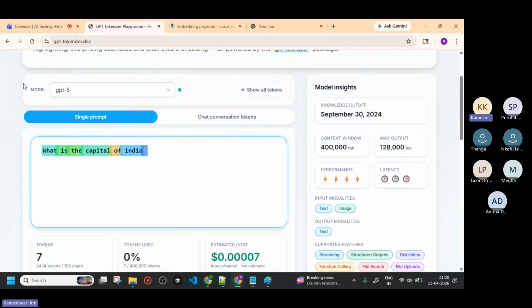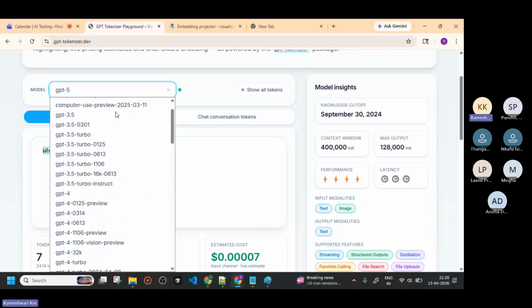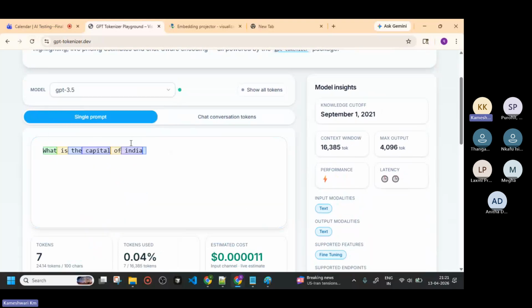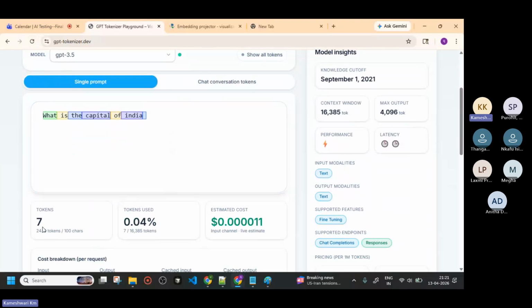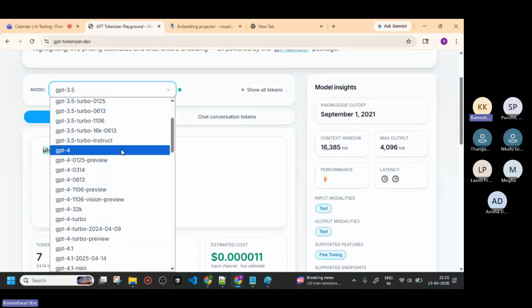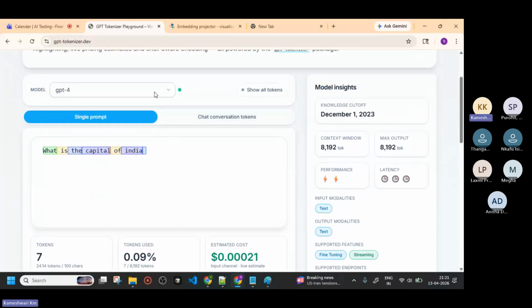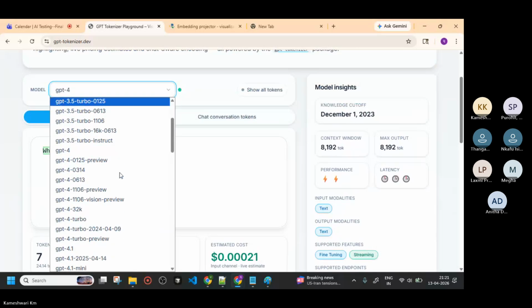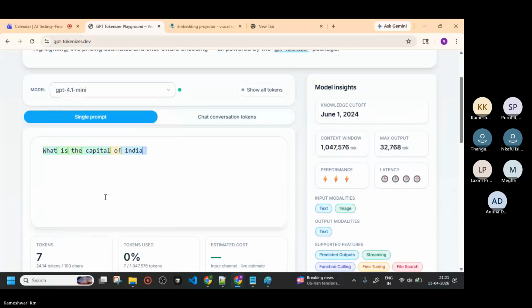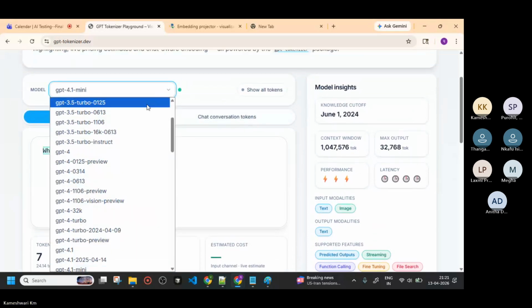These are all LLMs, all models. So I will go with ChatGPT 3.5. You can see it is all 7, and the estimated cost is 0.001111. Now GPT-4: it has 7 tokens at a price of 21. Again, mini is very, very much less than that amount.